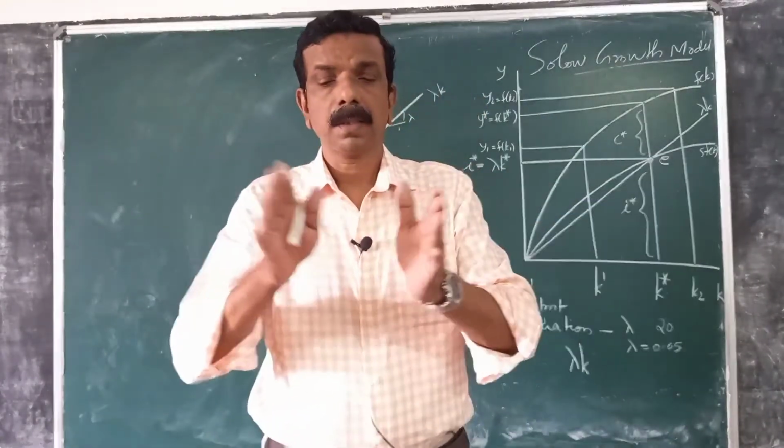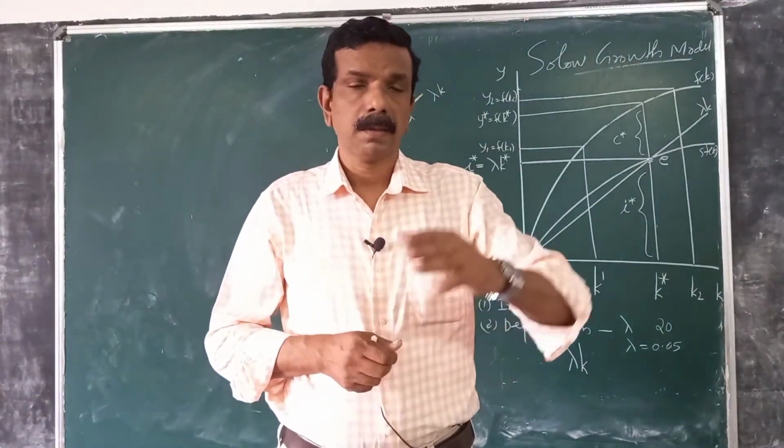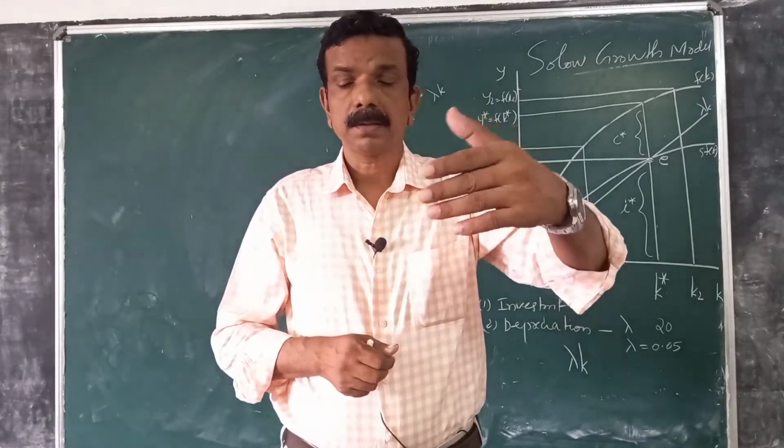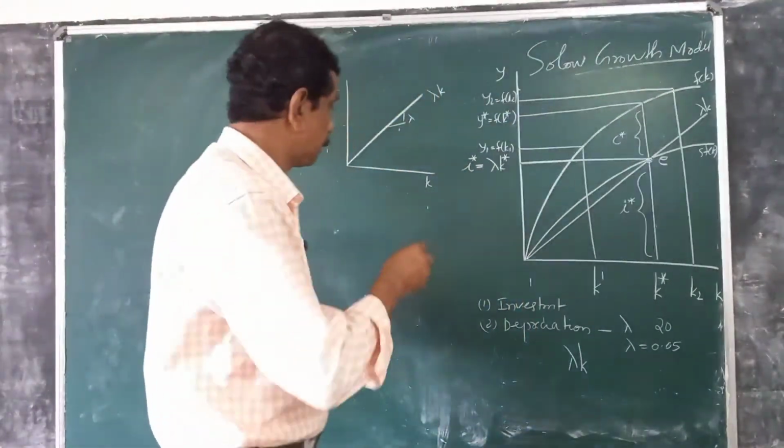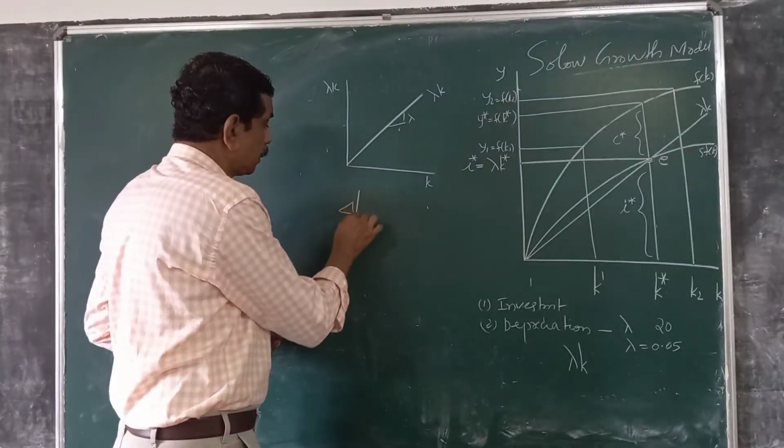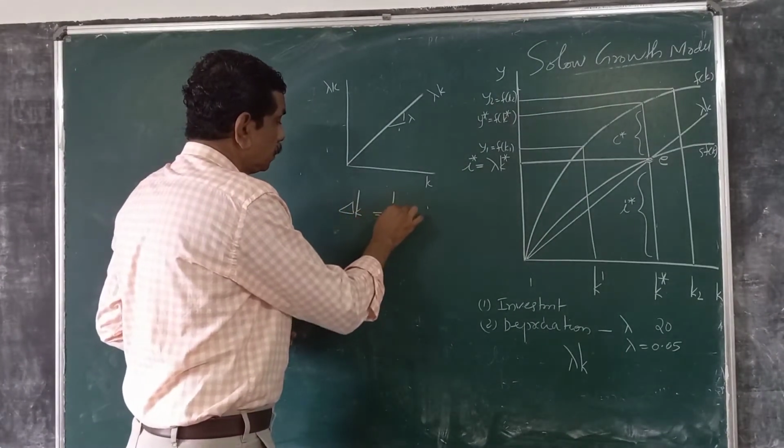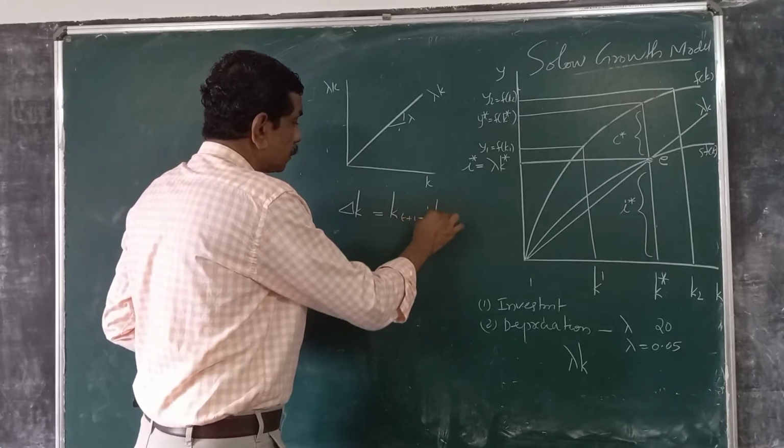And capital accumulation is the change in the capital stock per worker. We can write it as delta k is equal to k t plus 1 minus k t.